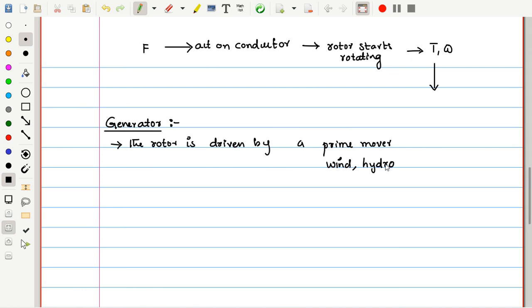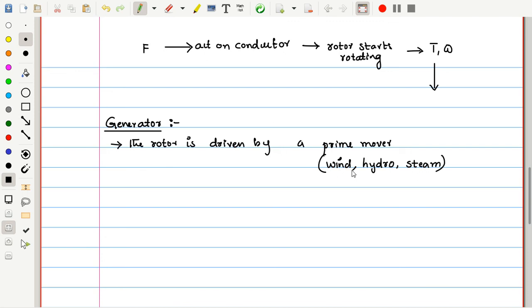So a hydro turbine, or water itself impinging on turbine blades, can be a prime mover. So wind can be one prime mover, hydro, that is water, can be another, and even steam can be a prime mover. What do these do? They produce torque on a certain structure.